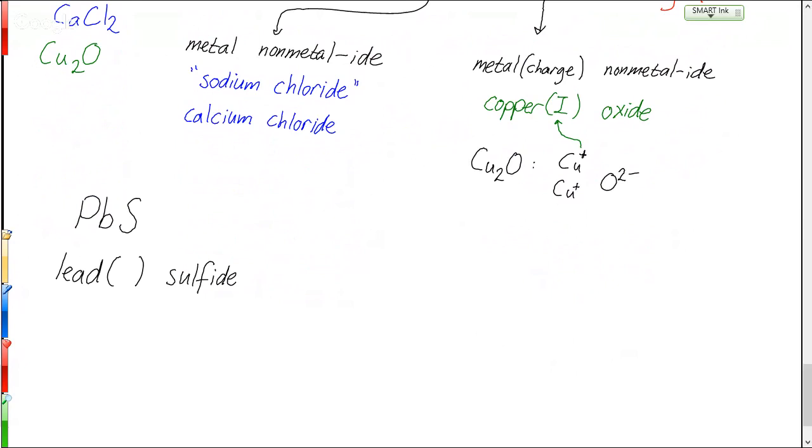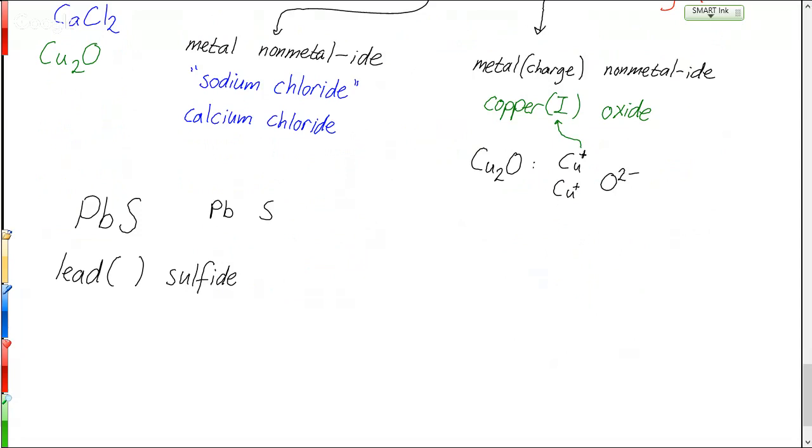Okay, so now let's find the something. We're going to write down the two atoms that are in the formula, one Pb and one S. And then we're going to write the charges that we do know, or that we can figure out. Sulfide. What's the charge on sulfide? Yep, -2, just like oxygen.